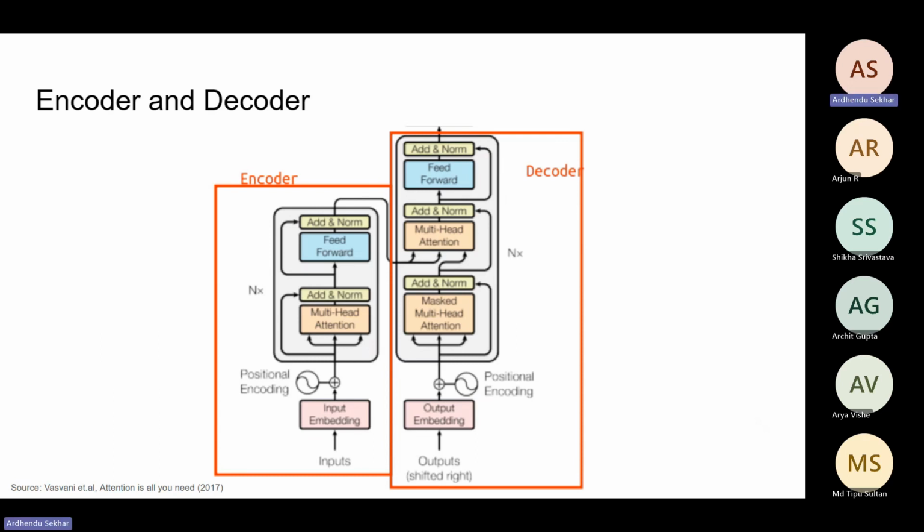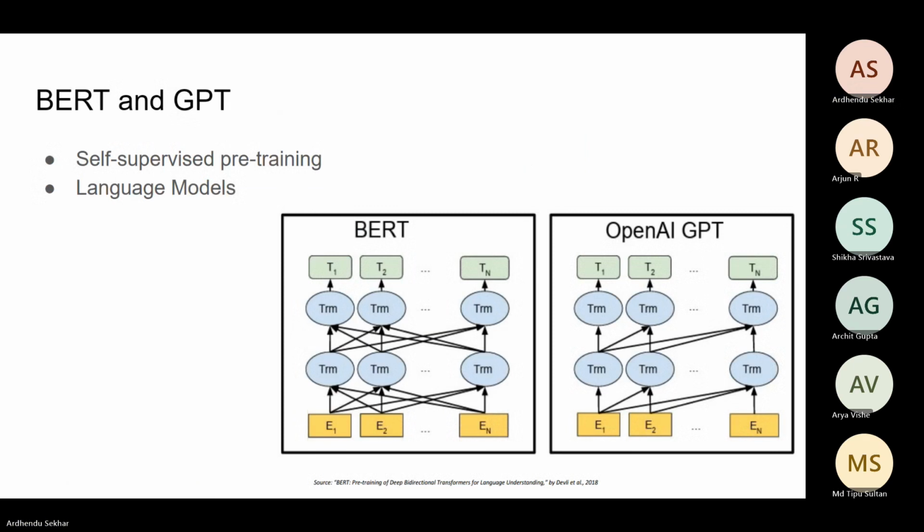Let's say I have text, and that's how you train this model. You feed the entire text to the model and let the model learn the dependencies. I will mask certain words.